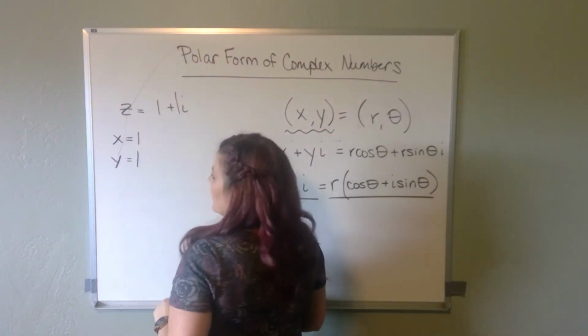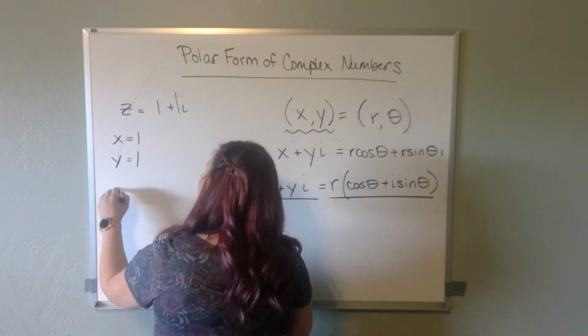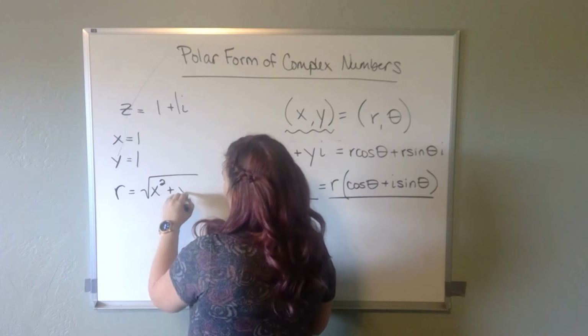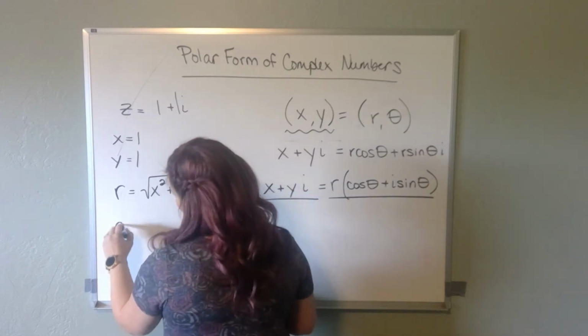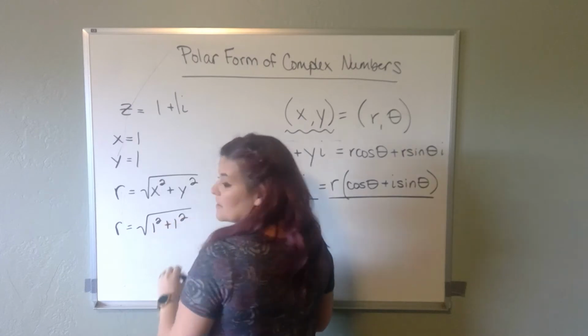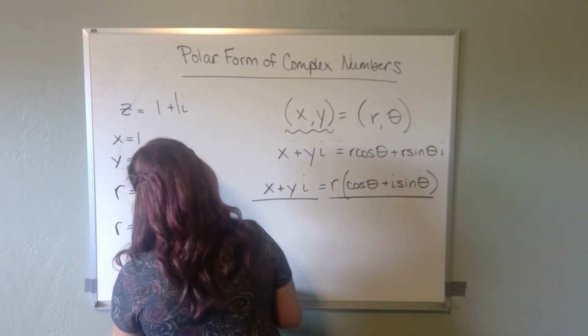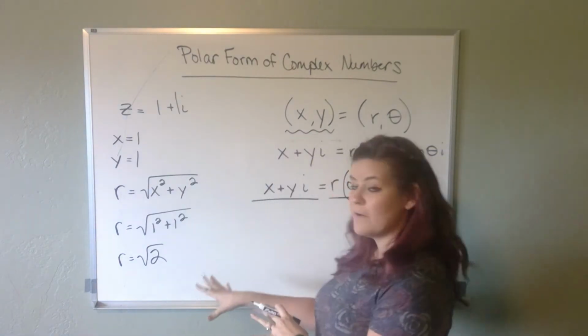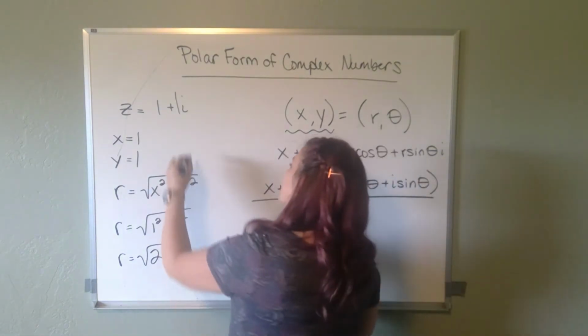If x is 1 and y is 1, let's find r. It is the square root of x squared plus y squared, as always. So square root of 1 squared plus 1 squared, that's the square root of 2. And we'll leave it as the square root of 2. So we found r. Let's find theta.